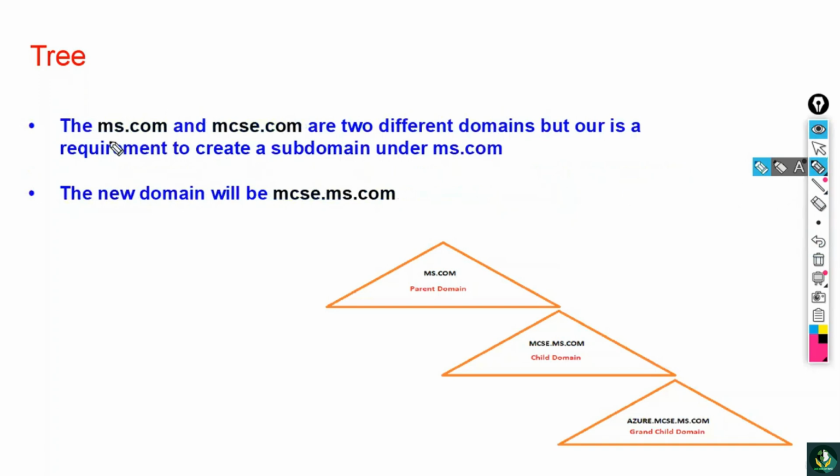So ms.com and mcsc.com are two different domains, but our requirement is to create a subdomain under the ms.com domain. So the new domain will be mcsc.ms.com. You are not going to create mcsc.com separately, because our requirement is to create a domain under ms.com. So it will be like this, mcsc.ms.com.